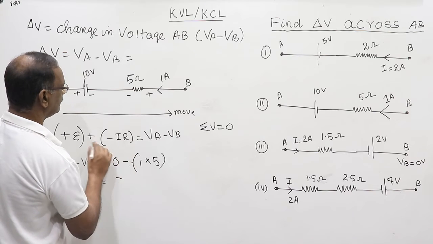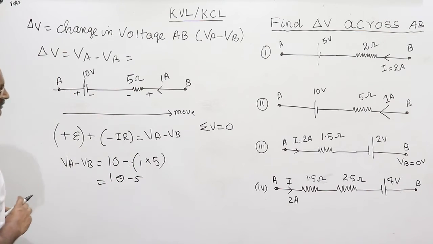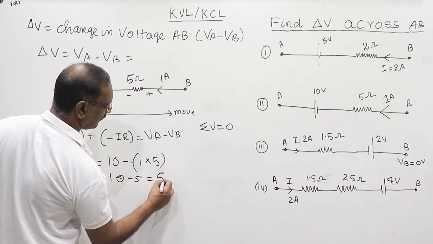Plus into minus is minus, 10 minus 5 is equal to 5 volt.